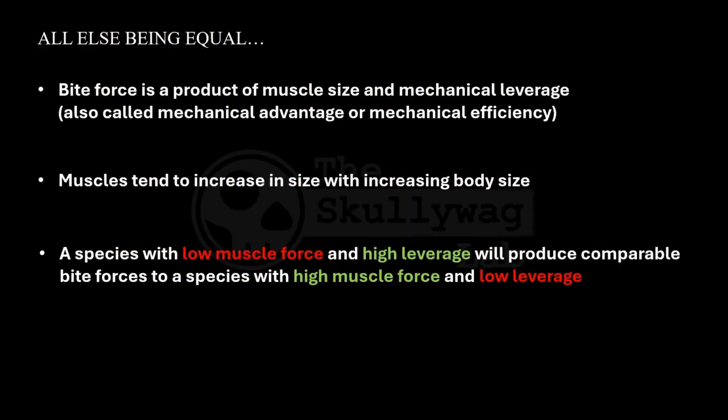And we argued that the way that these intertwine with each other across body size ranges in groups of animals is to do with several logical principles. Firstly, bite force is a product of muscle size and mechanical leverage. If you're not sure about what leverage is, check out that video in the top right. Secondly, all else being equal, muscles tend to increase in size with increasing body size.